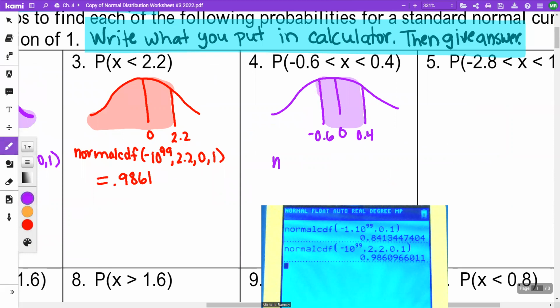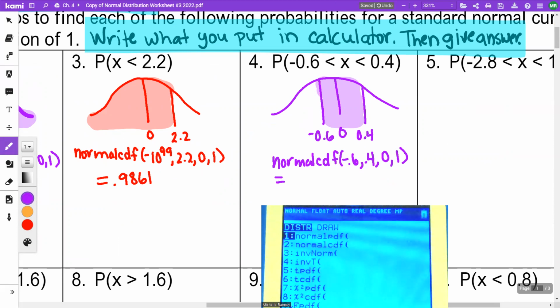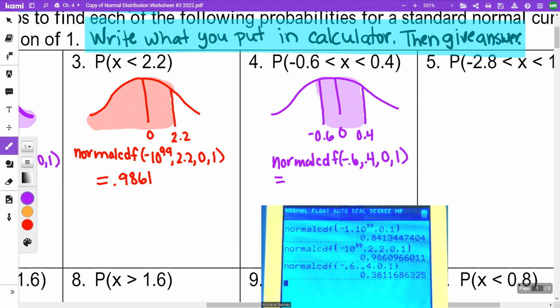And so I'm going to write normal CDF, -0.6 to 0.4, mean is 0, standard deviation is 1. And for that, -0.6 up to 0.4 and 0, 1, I end up with 0.3812.